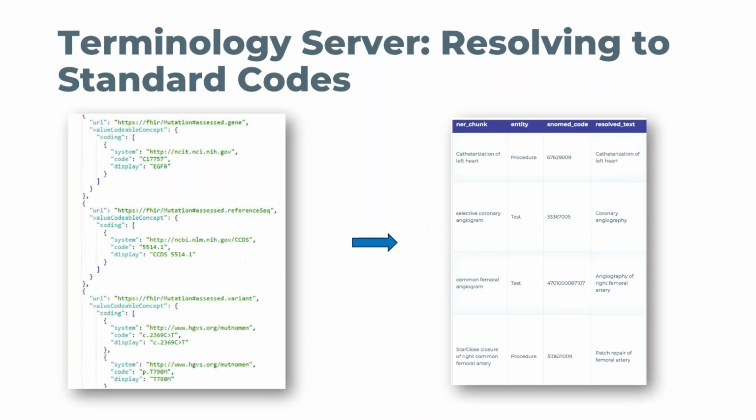Another thing that we use is the terminology server that you are going to see in more detail in the next session. It's basically a system where we can make API calls to find vocabulary codes.